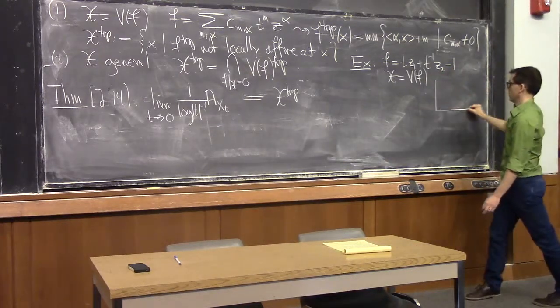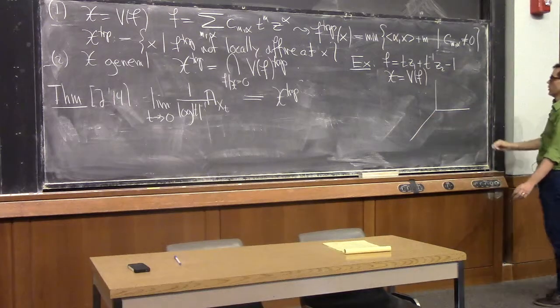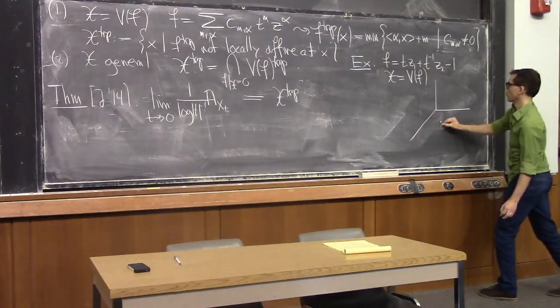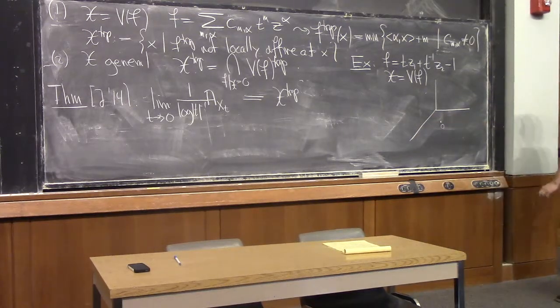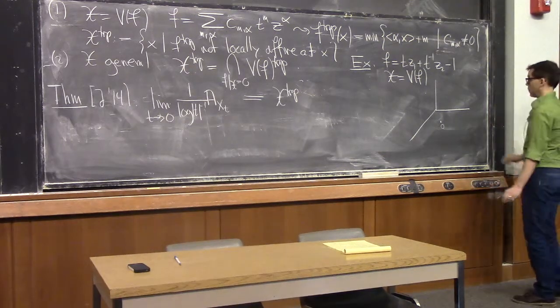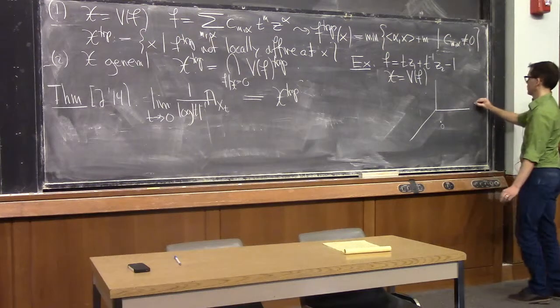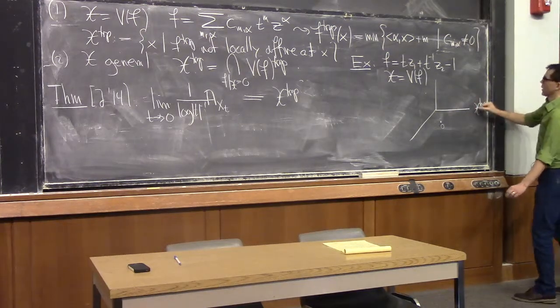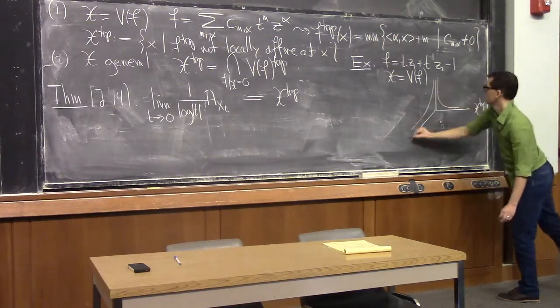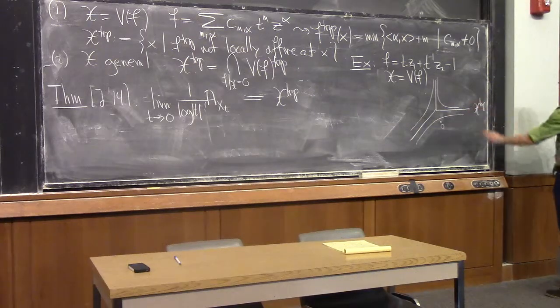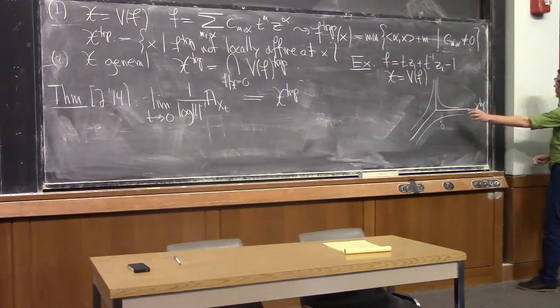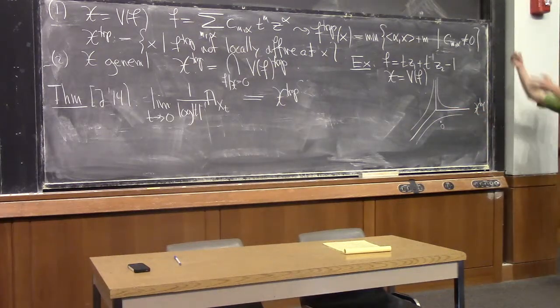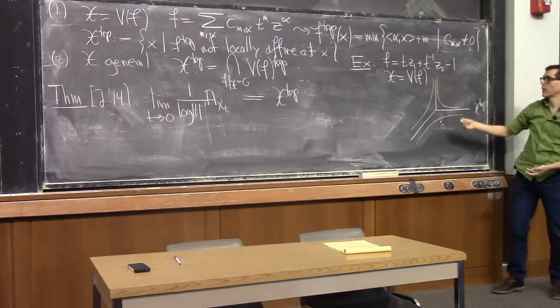It's just that it's not centered. I believe the origin lies here. So the x trop looks again like a tripod. When I rescale the amoeba, it's going to look like this, but if I don't rescale it, it's going to be far off in one direction.